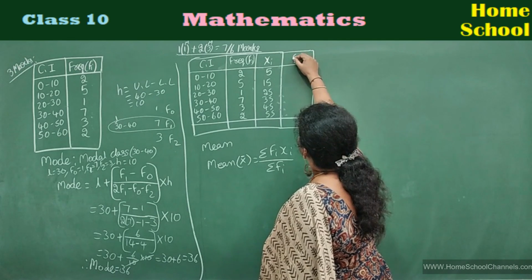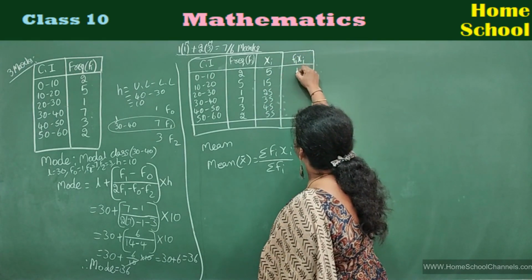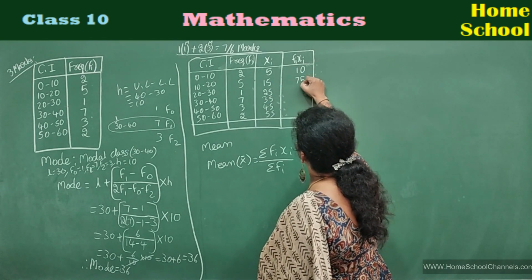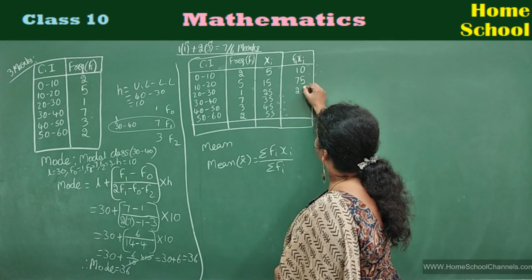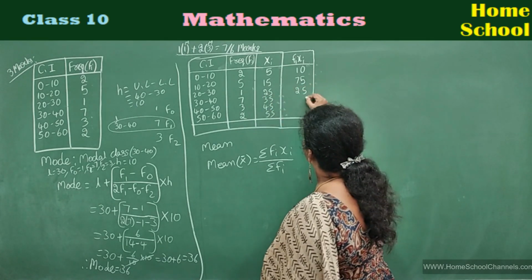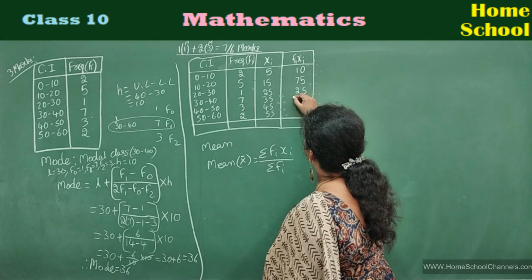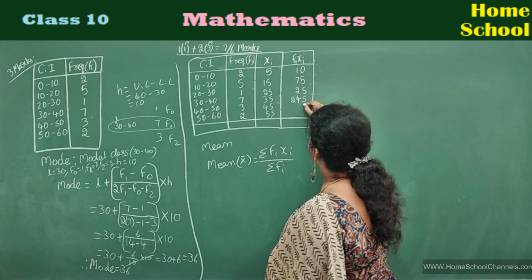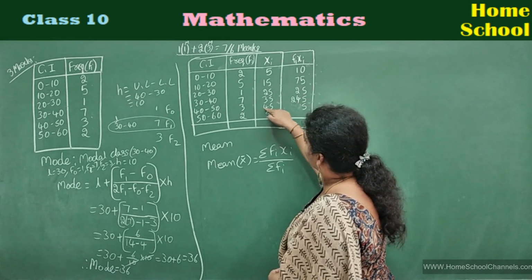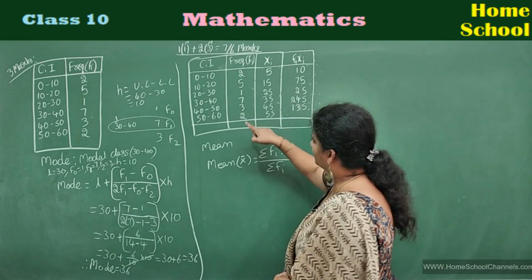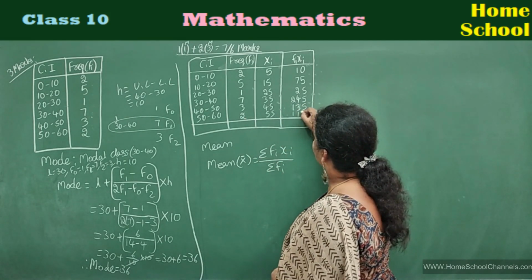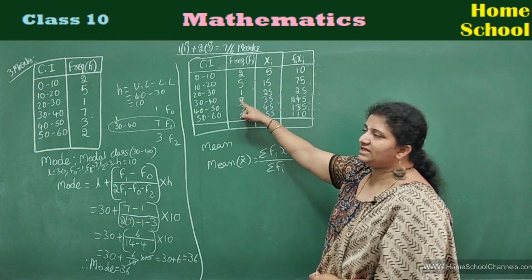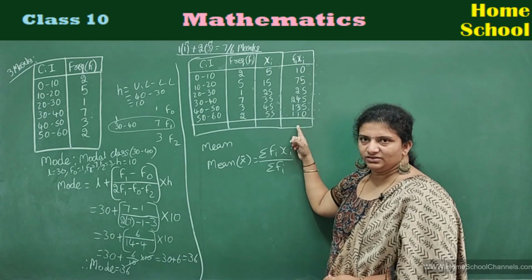Multiply these two. 2 fives are 10. 5 fifteens are 75. 1 twenty-five is 25. 7 thirty-fives are 245. 3 forty-fives are 135. And 2 fifty-fives are 110. Like this we need to multiply these two columns and write it here.